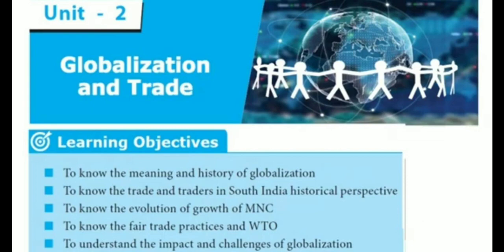So, under globalization, the international market for goods and services are integrated. Okay. What is trade? The buying or selling of goods and services between people or countries is called as trade.